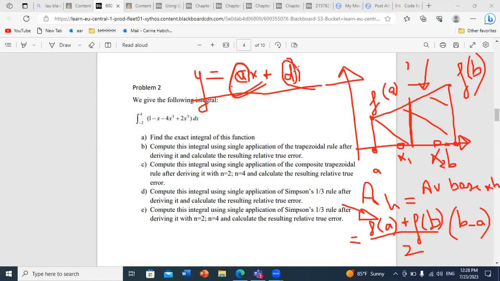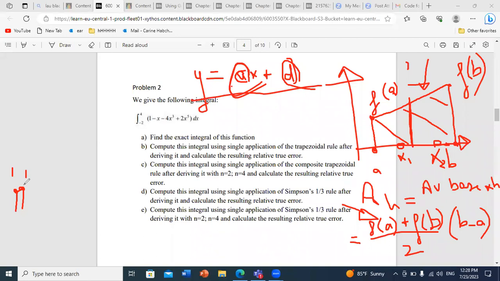Now, when I ask you to derive the trapezoidal method, you can draw a small figure showing that if I do the single method, the coefficient of this point is 1, and for this one, it's also 1.